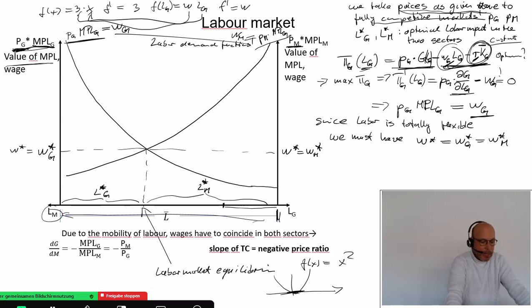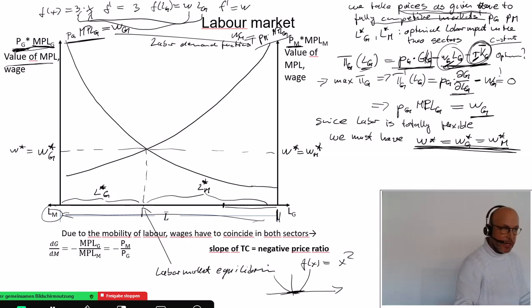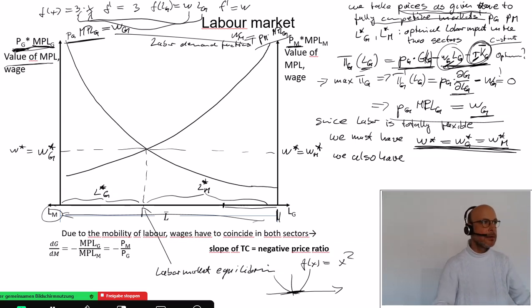So, and now we are almost done. Since we have this condition here, the optimization process is in both sectors the same. We also have that the value of the marginal product in our industrial sector equals wages in the industrial sector.